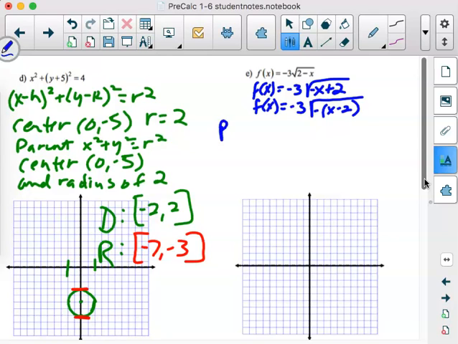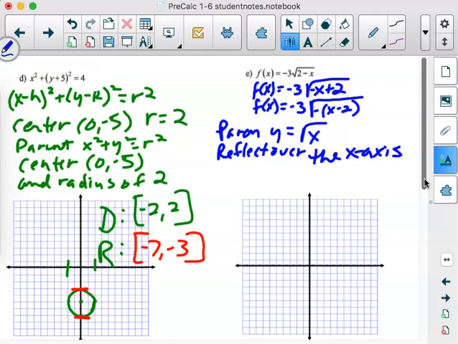So my parent is y equals the square root of x. And I talk about all the transformations, including the negative in front and the negative in front of the x. So this will reflect over the x-axis. We will have a vertical stretch, factor of 3.